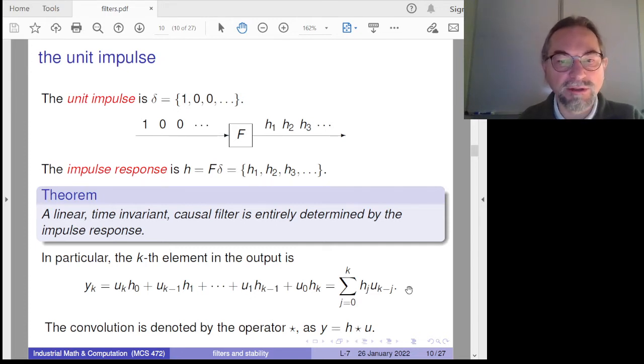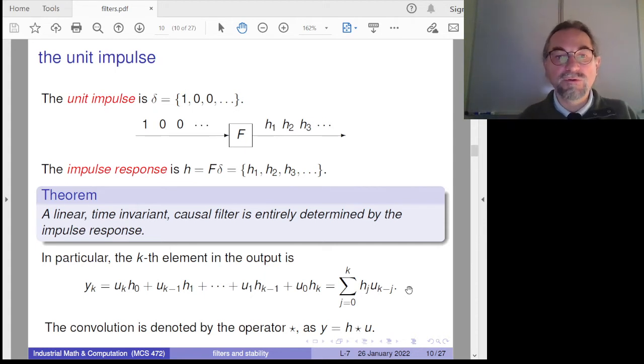So the theorem says, and we're going to prove this, it's not that hard, that the impulse response determines the linear time invariant and causal filter.